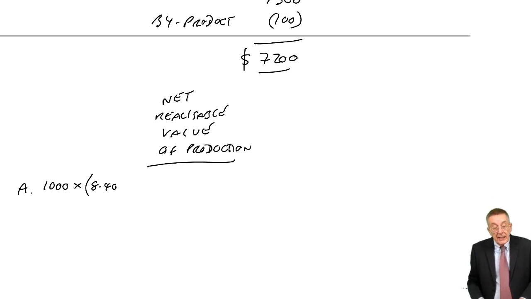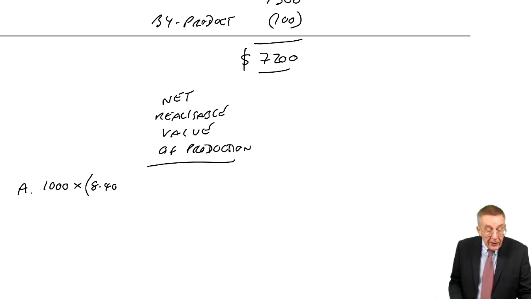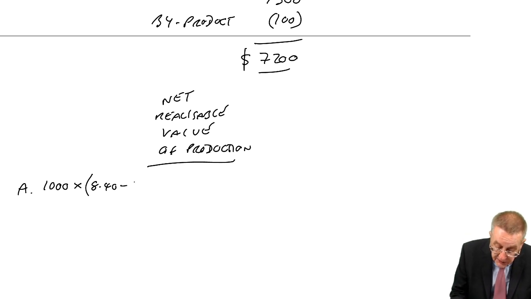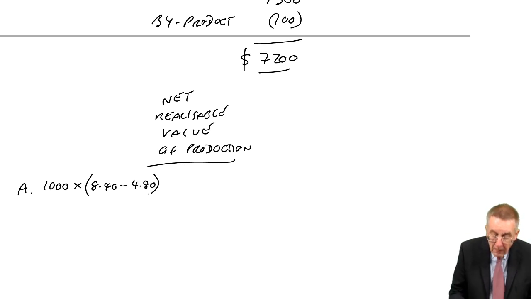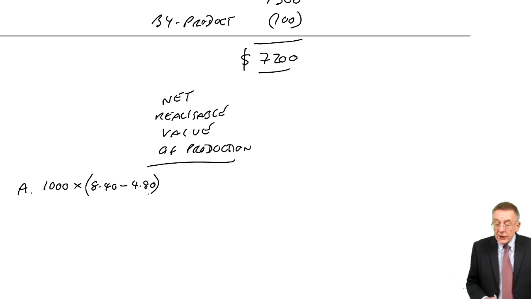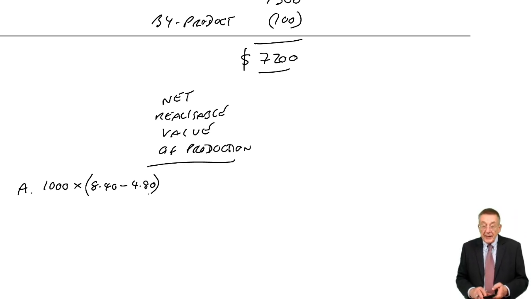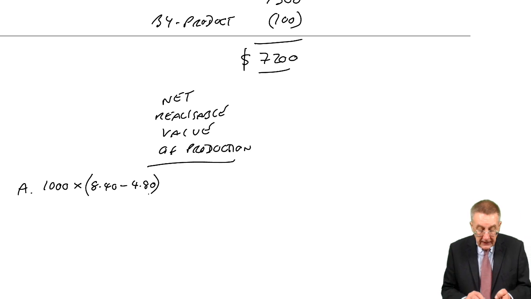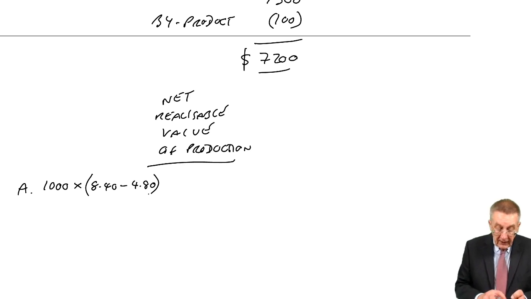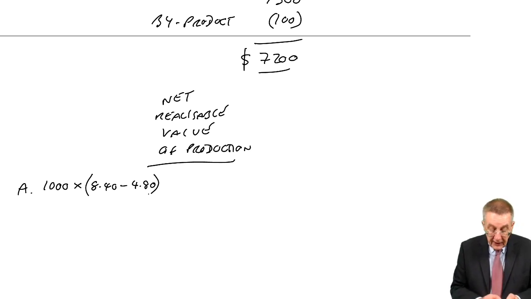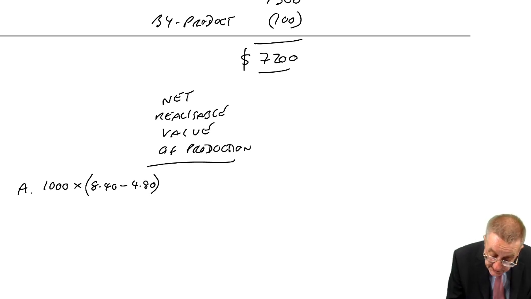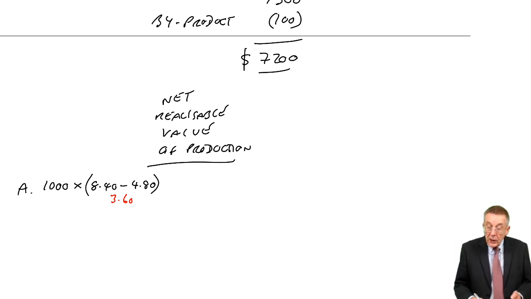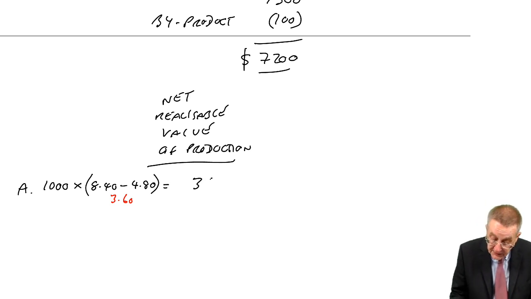But we can't sell it until we've put it in a bottle, and the bottle, the further processing, cost 480. So we say, well, let's treat it as though its value when it comes out of the process is 840 minus 480, which is $3.60. And so the total value of the production, 1,000 at 360, is 3,600.